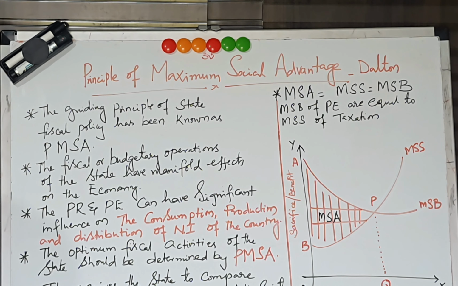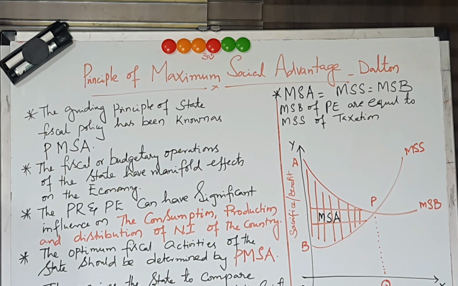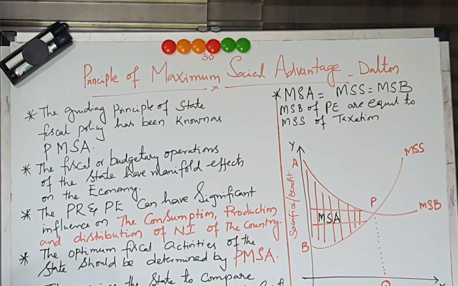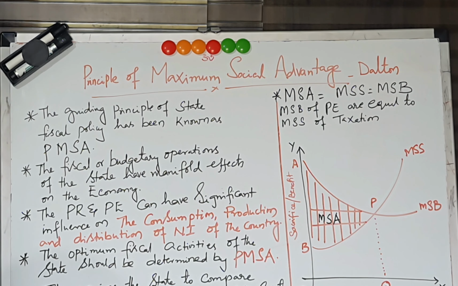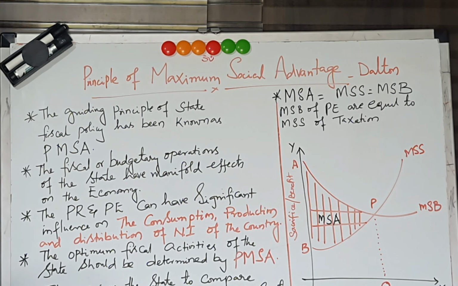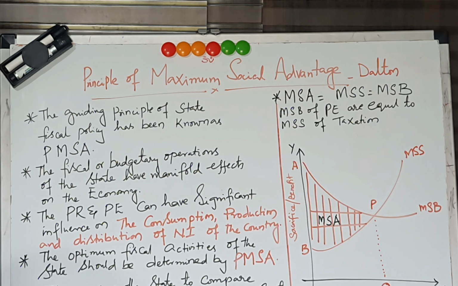When taxes are imposed by the government, the people who pay taxes are sacrificing something, so the society experiences some subset of sacrifices. When the government spends money on various activities for the people, it gives a collective utility to the society.